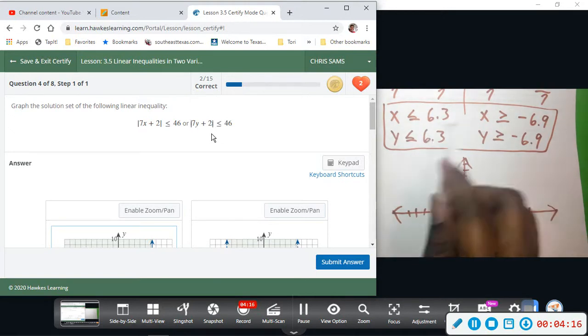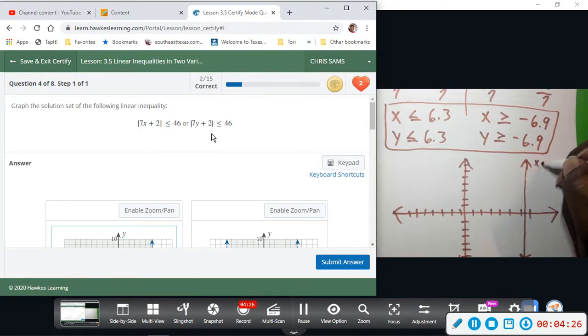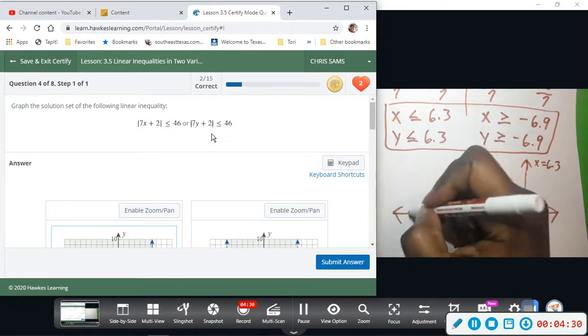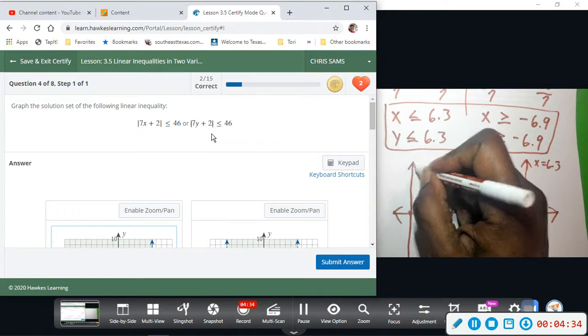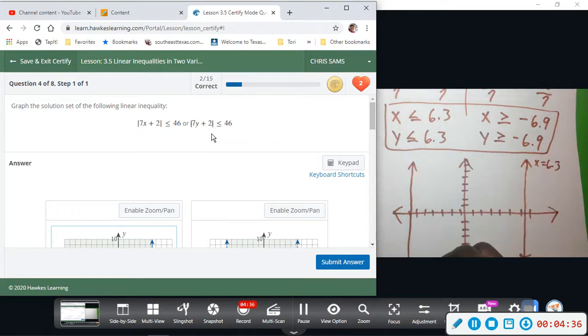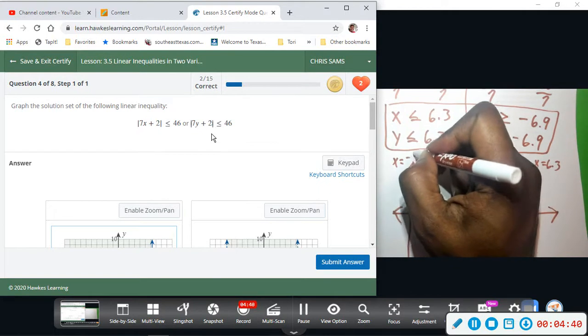So it's close to 7 in each one, but a little bit more than 6. So the positive x is going to be here, straight line up. This is x equals 6.3. And then over here, the negative 7 is almost right on top of it. That's the negative 6.9. x equals negative 6.9.